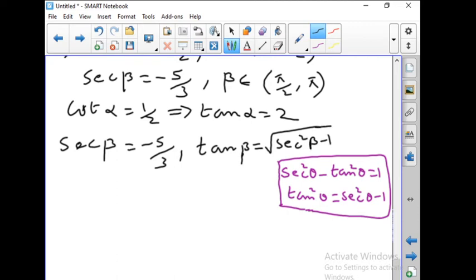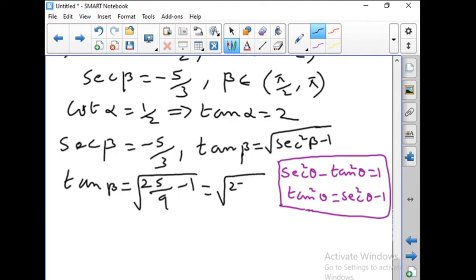So tan beta is equal to root of 25 by 9 minus 1, so it is equal to root of 25 minus 9 by 9. 25 minus 9 is 16. So root of 16 by 9, which is equal to plus or minus 4 by 3.